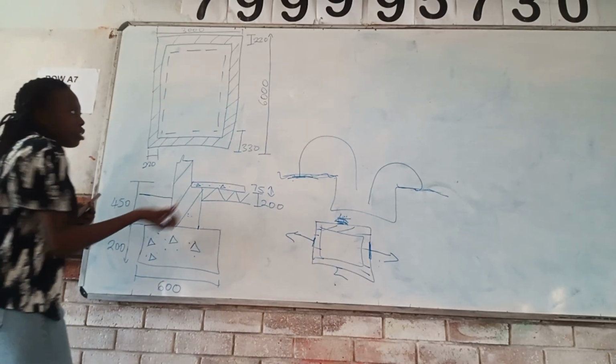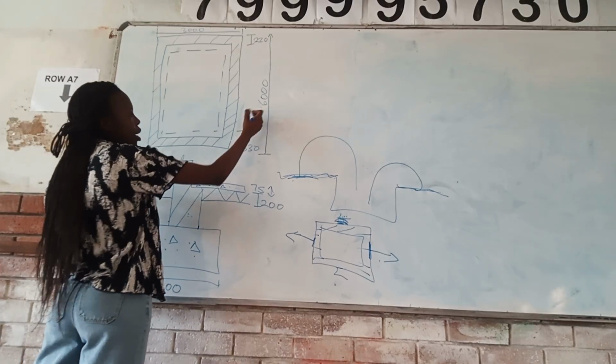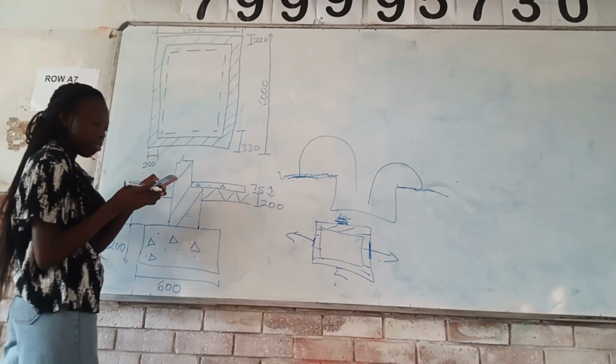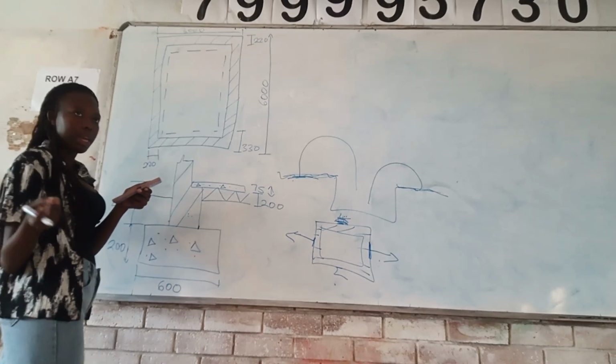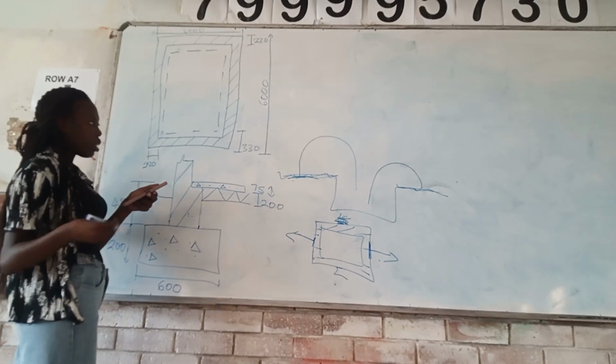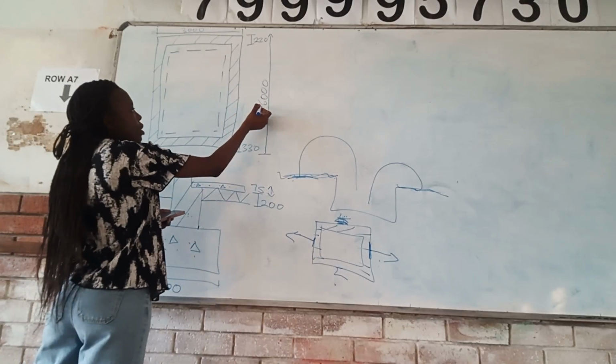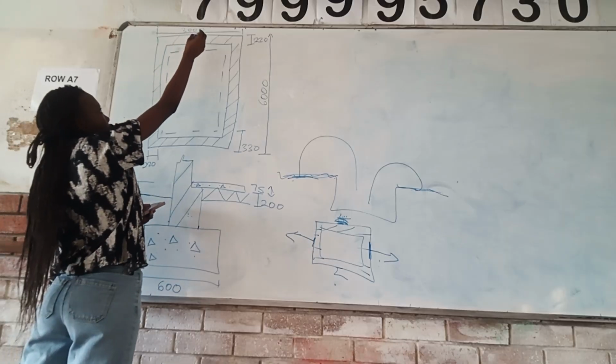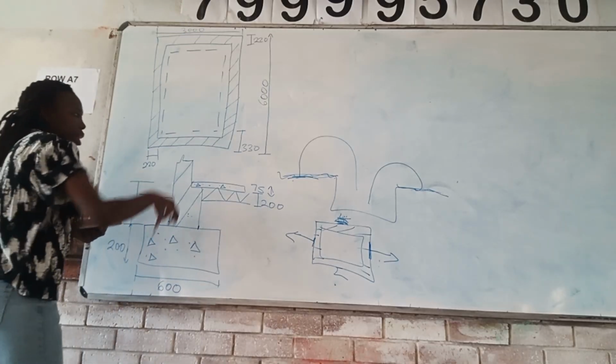You take your length of 6,000 and add 2,000 on each side. Whatever they give you, 2 meters is 2,000; if it was 1.5, it would be 1,500. So for the 6,000 you clear this side and that side, and for the 3,000 you clear the top part and this side.